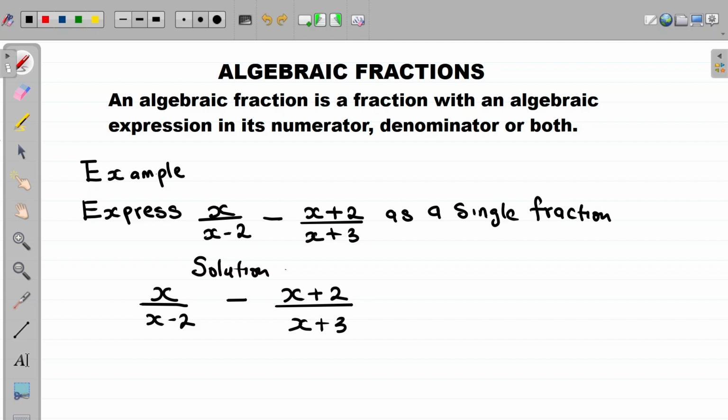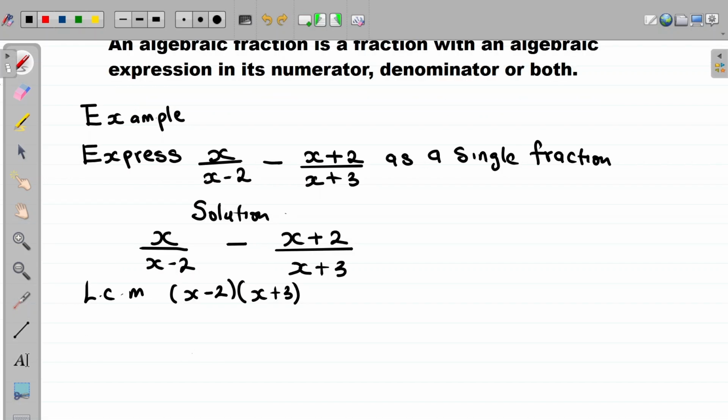And the LCM for both denominators is x minus 2 multiplied by x plus 3. So our expression becomes x minus 2 multiplied by x plus 3.